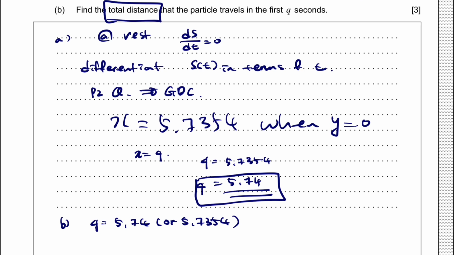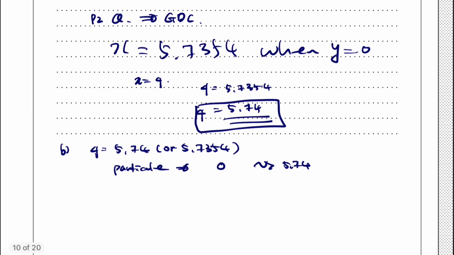The particle has traveled from 0 to 5.74 in terms of time, so we can do integration. This is a definite integration question, so we can do definite integration from 0 to q, or since we know the q value, we can set it up as 0 to 5.7354 with the function s.